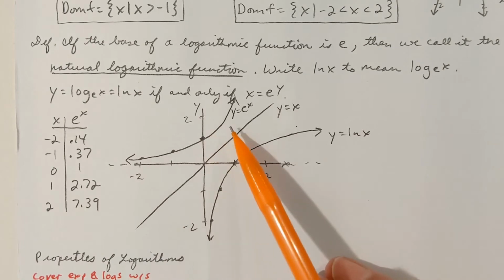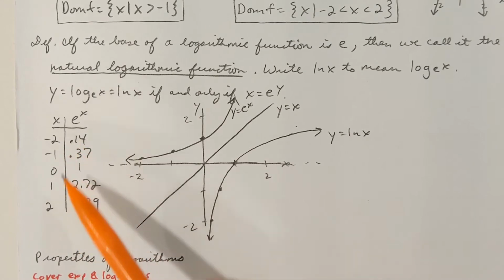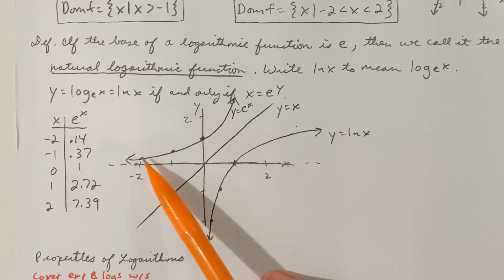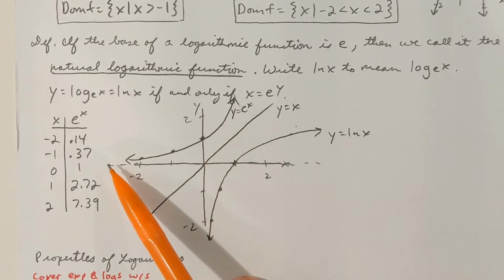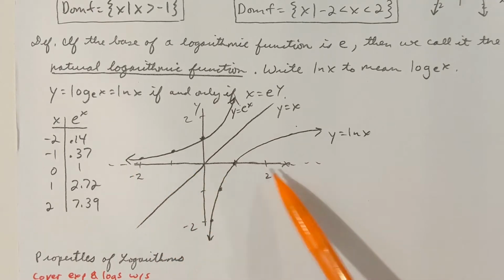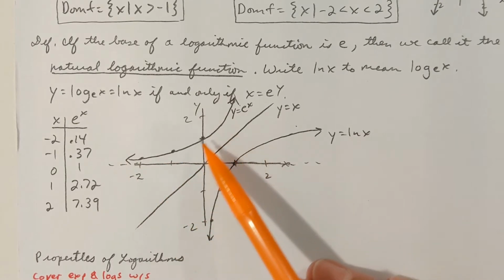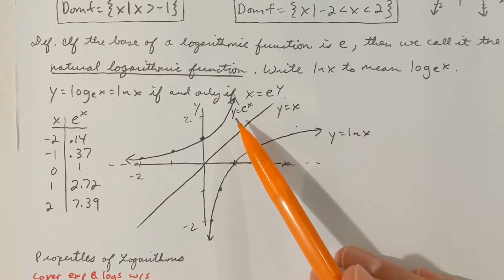When you're drawing an exponential, remember x can be anything, positive, negative, 0, doesn't matter. I've plugged in these values, got the output, and produced this curve. A feature of an exponential is that there's always a horizontal asymptote on the graph. We've already been there and done that before with exponentials. So here's the graph of y equal e to the x.